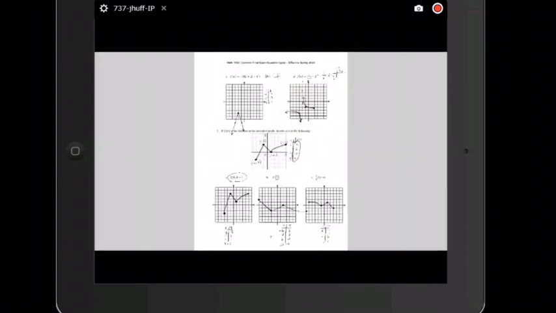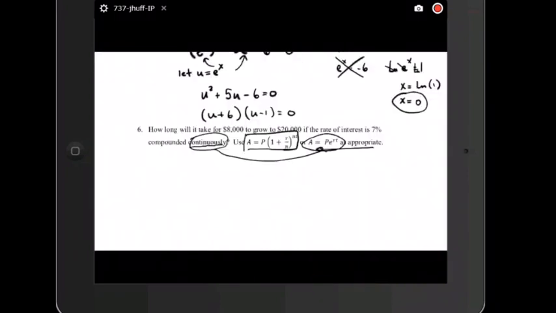So it's up to us to figure out first which equation to use, and it's the continuously compounding one, which is this one. So use future amount A is equal to principal amount times e to the rate times time. And the question is, how long will it take?